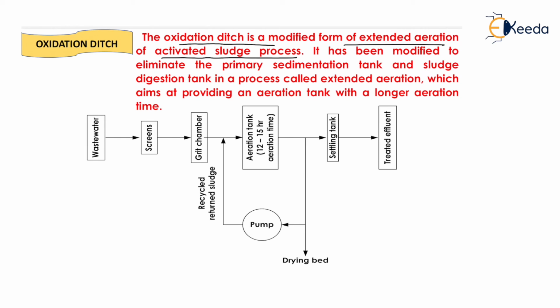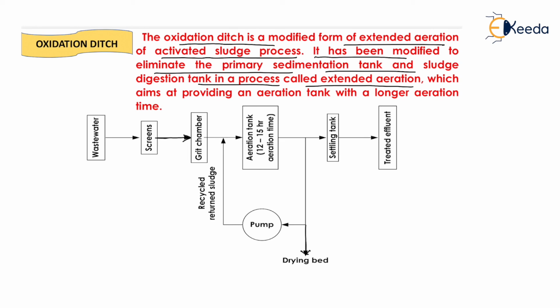It has been modified to eliminate the primary sedimentation tank and the sludge digestion tank, in a process called extended aeration. Here we have already removed the primary sedimentation tank and we take the water directly from the screening process. We will not need any sludge digestion tank here.